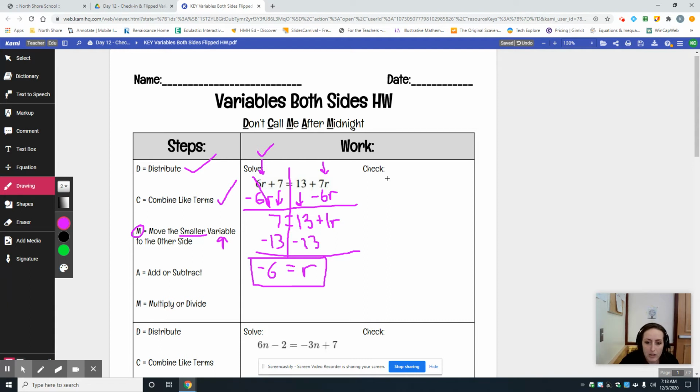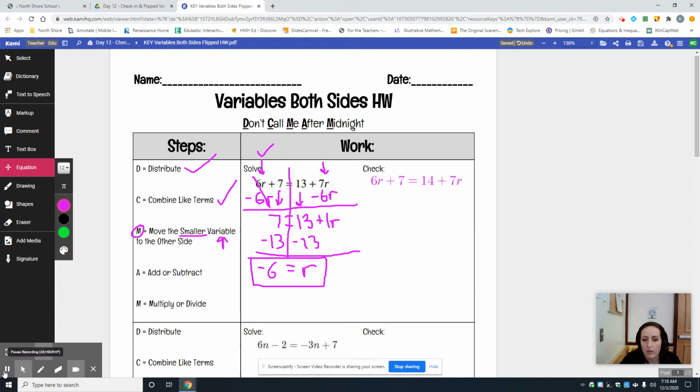All right, so we start out with our original equation, which I'll retype. So we have 6r plus 7 equals 13 plus 7r. I'm just going to change that font up a little bit. Alrighty, guys, so I've kind of messed with the font a little bit, made it better.